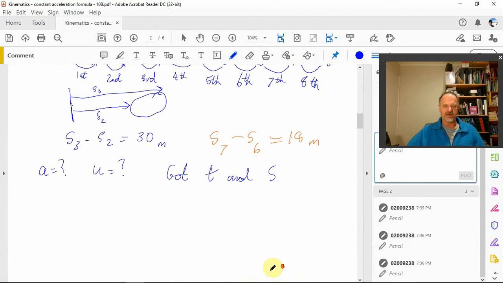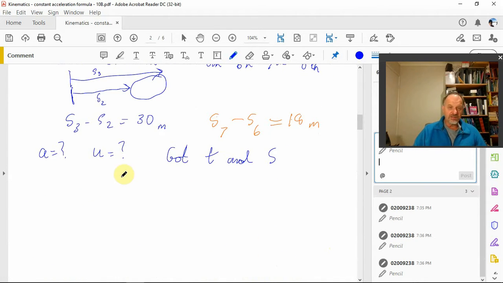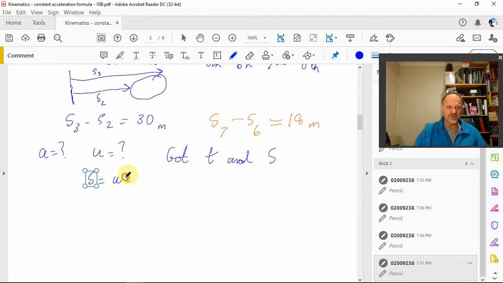So let's go down here again. And so we're going to use s equals ut plus a half at squared. So what we've got to do here, we need S3 minus S2, and that equals 30. And S3, in a bracket, is u times 3 plus a half times a times 3 squared.